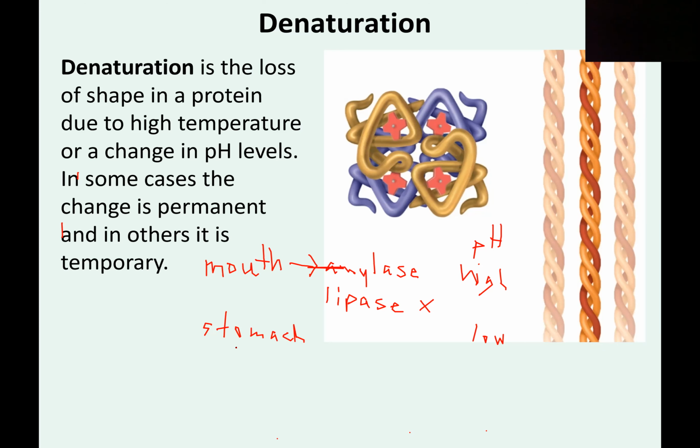Okay, so those are our three organic compounds: carbohydrates, lipids, and proteins. We're also going to take a look at another group, at least part of another group.